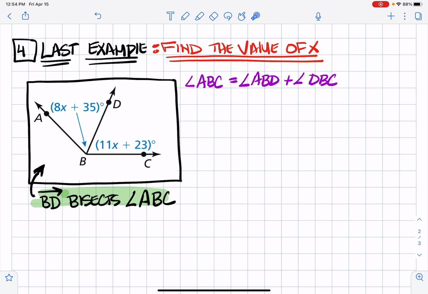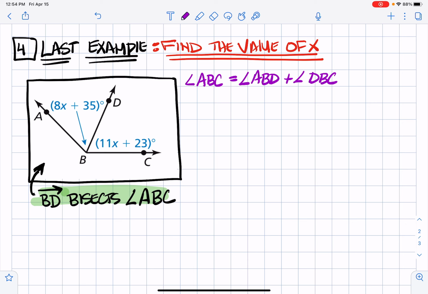And we also know that this guy and this guy happen to be the same because it's a bisector, so we'll use that information in just a second, okay? Since we know that they bisect each other, we can say that angle ABD, so let's say 8x plus 35, has to be equal to angle DBC. So that's going to be 11x plus 23. Our goal then is to solve for x and then plug it back in and get that angle measure, okay?